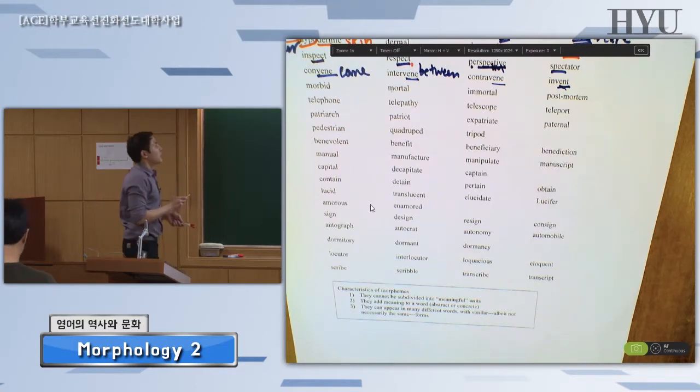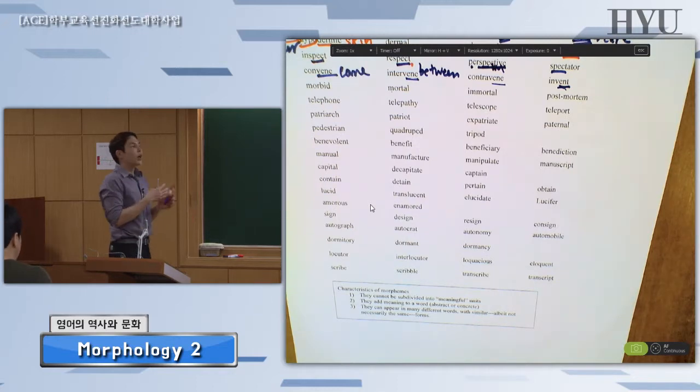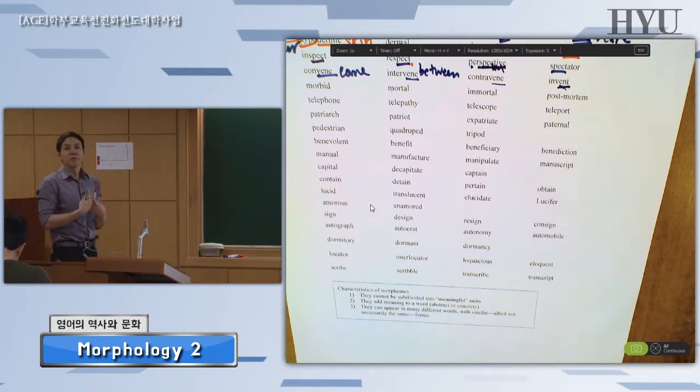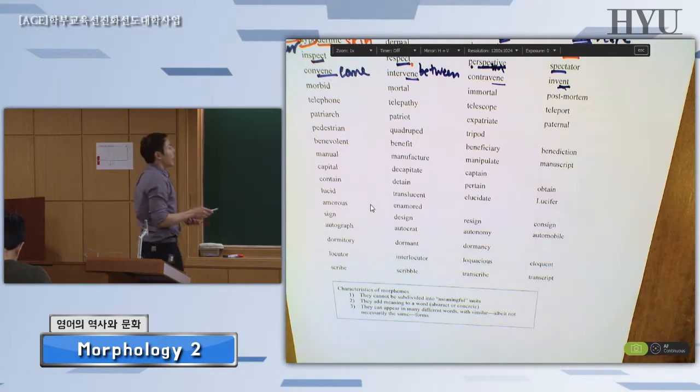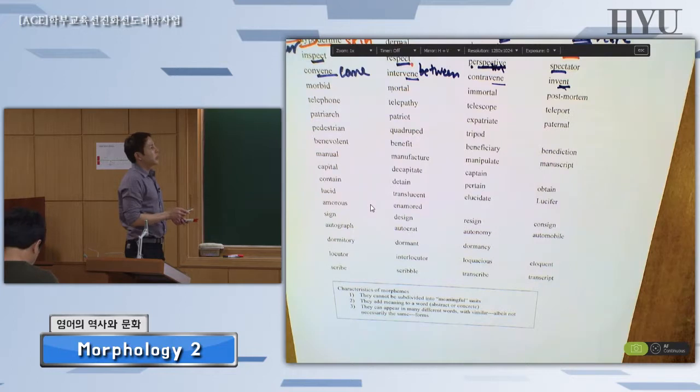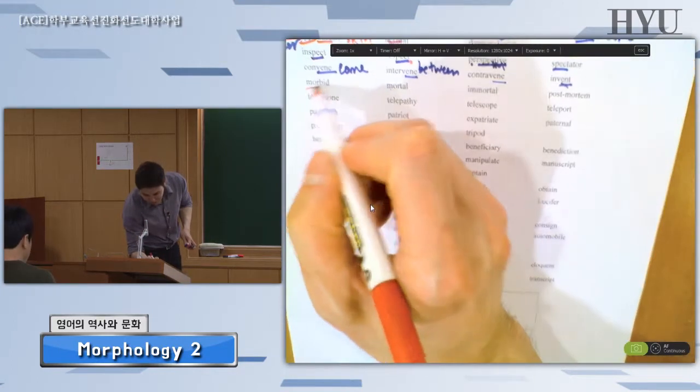So, for example, convene, you have the vene here, intervene, contravene, and invent. All of them have the meaning of to come, okay? Now, the next words are morbid, mortal, immortal, post-mortem. All of them have the mort part. You see?